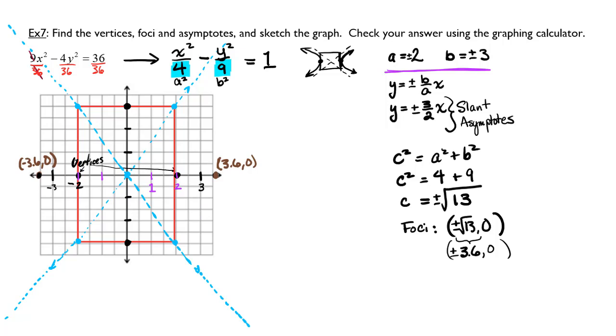So I hope that makes it a little more obvious what your graph is going to look like. We know that it has to approach these slant asymptotes at the extremes. We also know it has to bump the vertices.